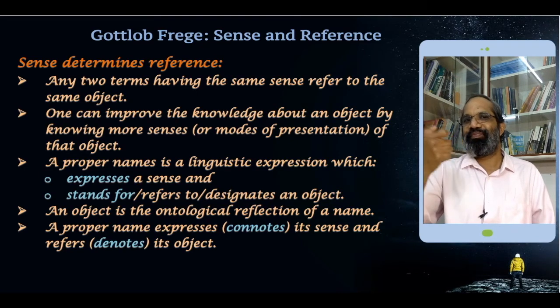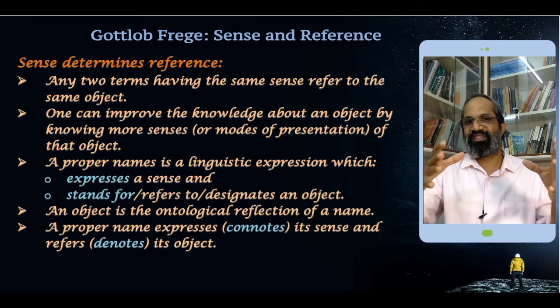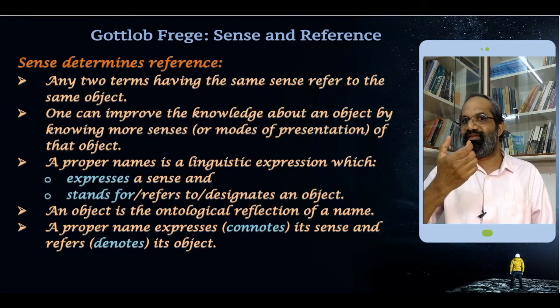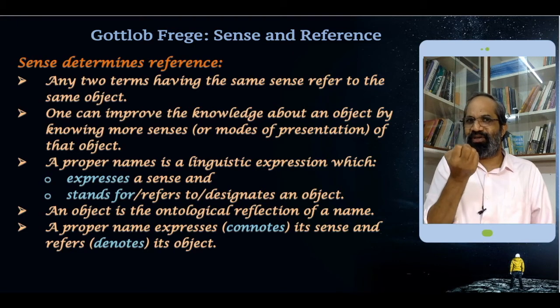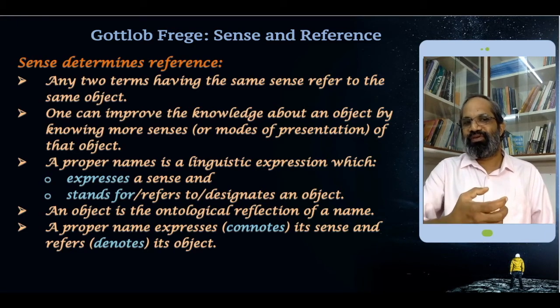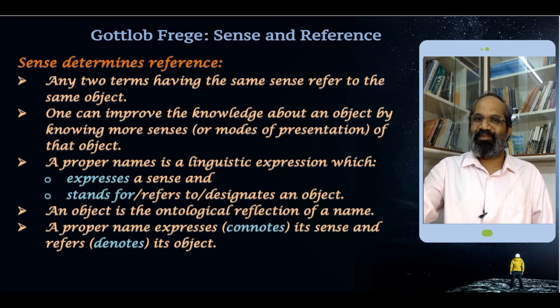Connotation is actually the meaning of the term, what the term means. When we say table, table has got a meaning: a furniture with a flat surface and four legs is a table. And that meaning is internal, what you understand by the term table. And also, table has got a reference, that is, this table, that table, the table in the classroom, the table in the office.